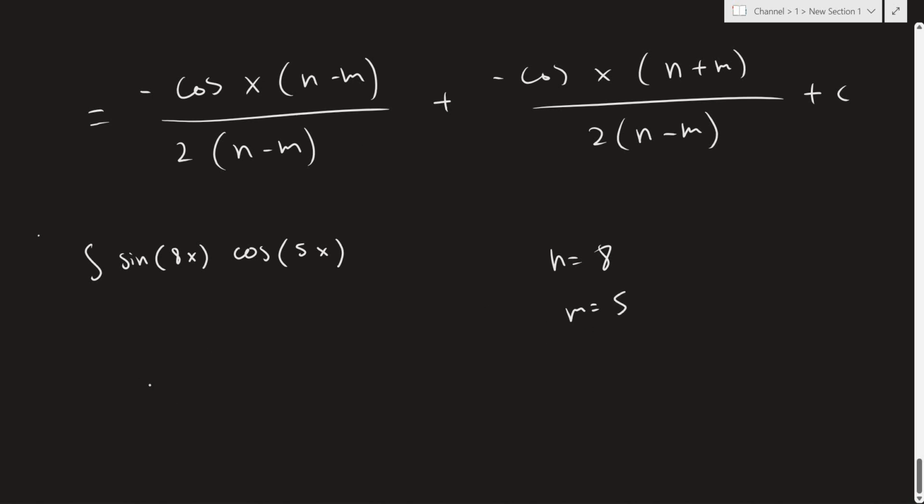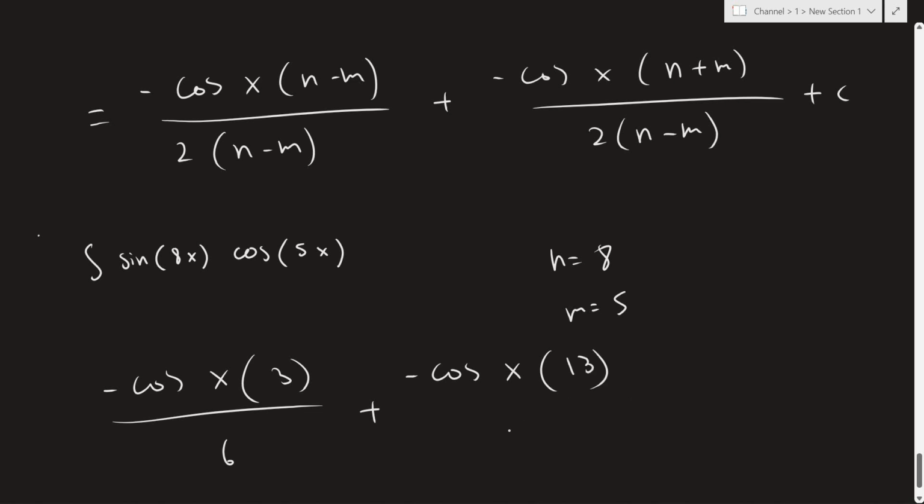So let's just replace negative cosine x n minus m, which is 3 over 2 times n minus m. N minus m is 3. 3 times 2 is 6. So plus negative cosine x 8 plus 5, 13 over 13 as well, times 2, which is 26. And this is your answer.